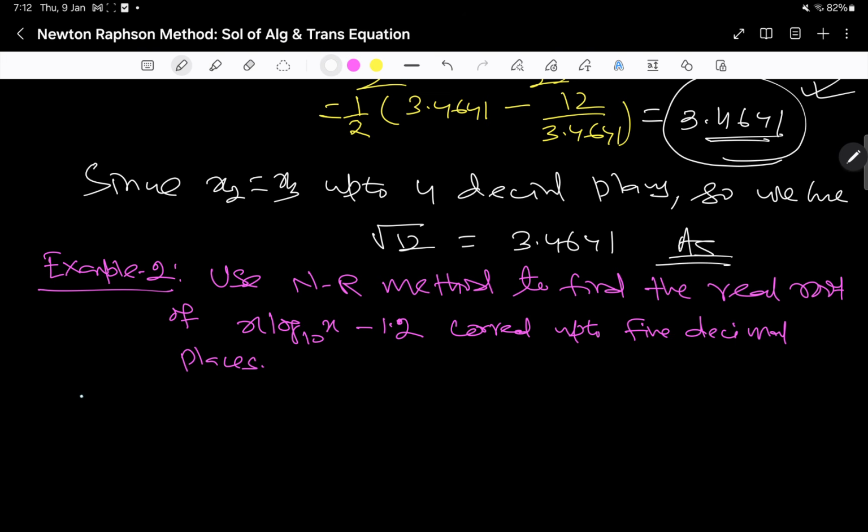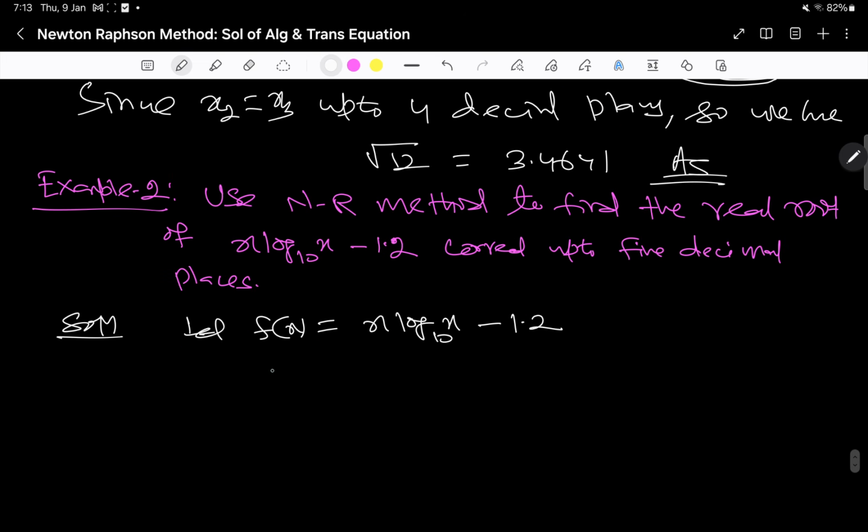Now coming to the solution, let f of x be x log x to base 10 minus 1.2. So what is f of 1? F of 1 is minus 1.2, negative. If you substitute f of 2, it will be minus 0.59794, which is negative.